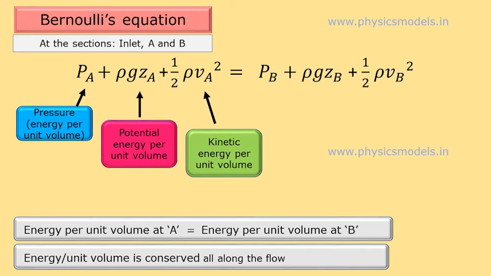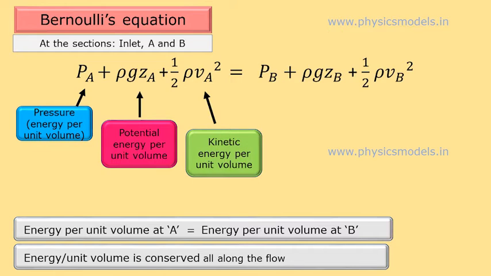We take a quick look at the Bernoulli's equation before solving the problem. We have three terms in it: the pressure, which is an energy per unit volume; the potential energy per unit volume, which is rho gz or rho gh, we can use either one; the kinetic energy per unit volume, which is half rho v squared.